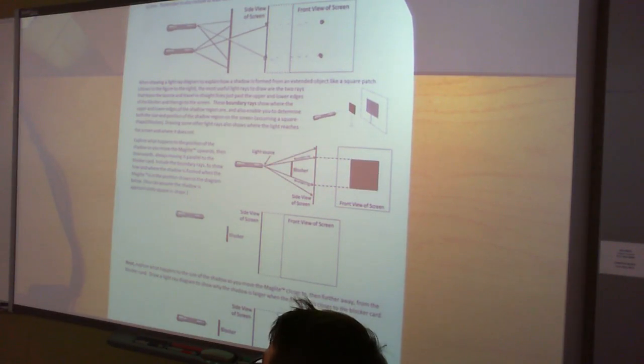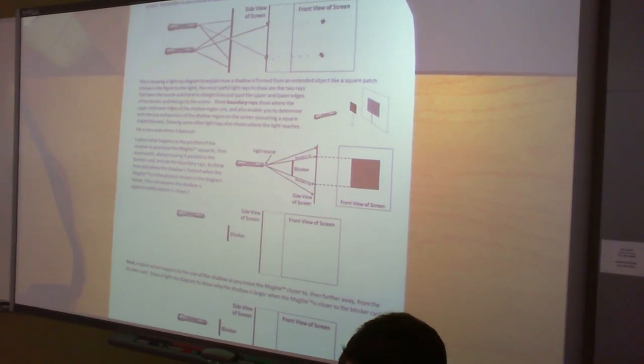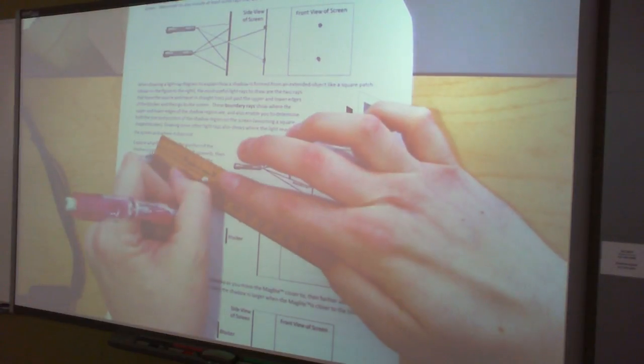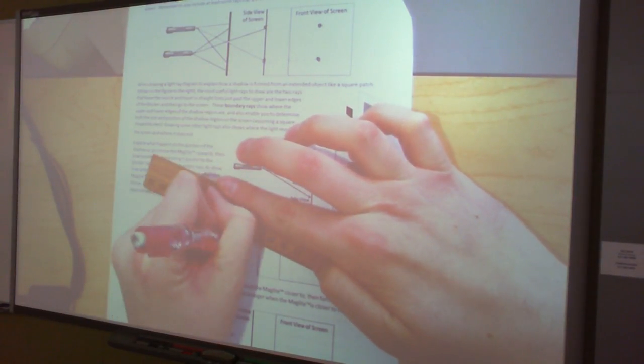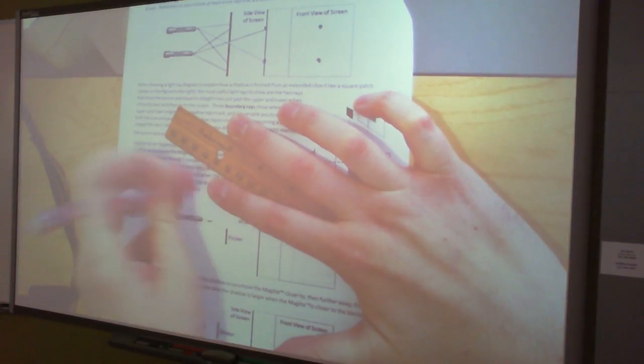And how do we draw that out using our ray diagram? Light going through the edge. Yep, so you're going to want to include boundary rays. Light hitting the edge of the blocker. And still going through?